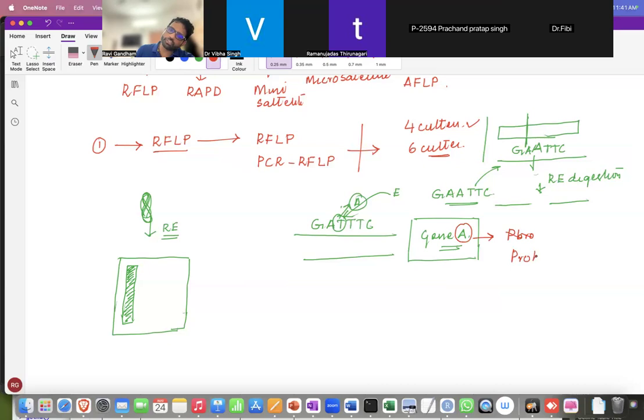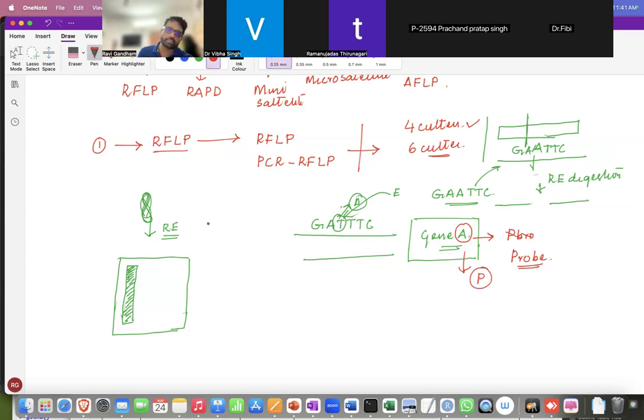A probe is nothing but a complementary segment which can go and hybridize to your fragment. And they used to have radioactive nucleotides. The phosphorus used to contain the radioactive material.